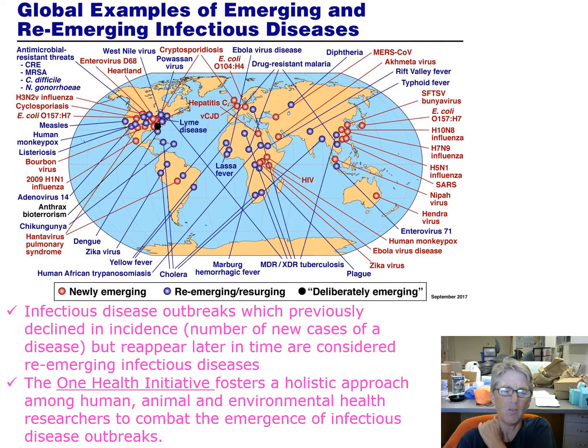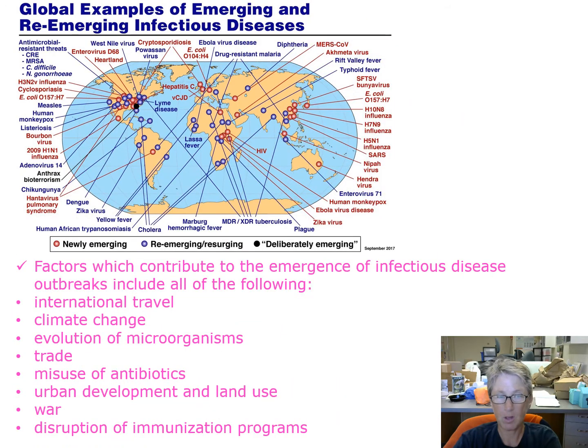And then there's this initiative called the One Health Initiative that fosters a holistic approach among human, animal, and environmental health researchers to combat the emergence of infectious disease outbreaks. So check that out, the One Health Initiative, and see what you can do to combat the emergence of infectious disease outbreaks.